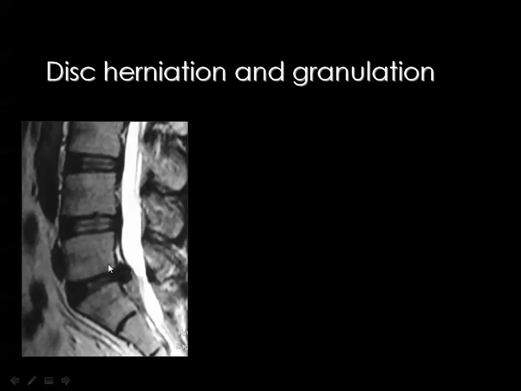If the annulus is torn, then the nucleus is in contact with the epidural space. It will create great irritation that will result in reactive granulation tissue, which will surround the area of disc herniation. And of course, you can easily appreciate the difference between the disc and the associated granulation tissue.